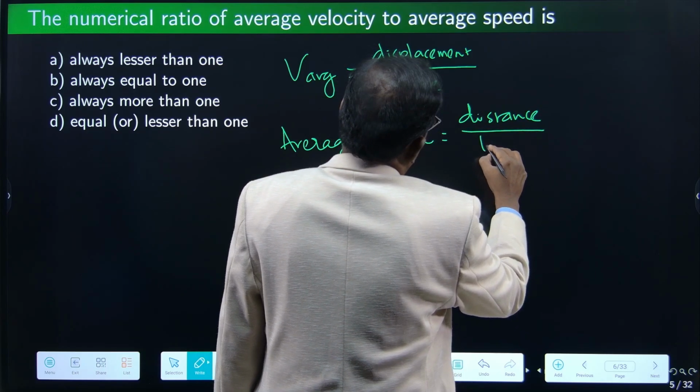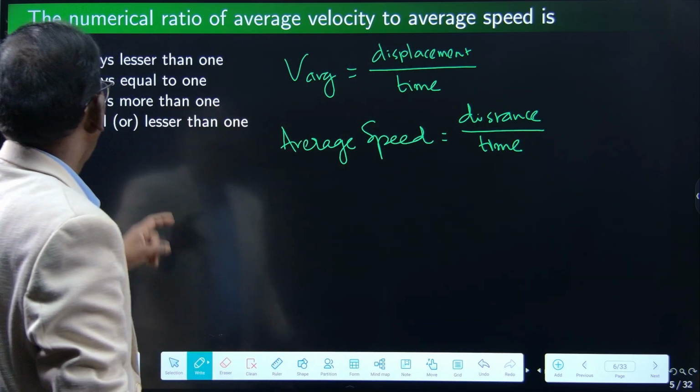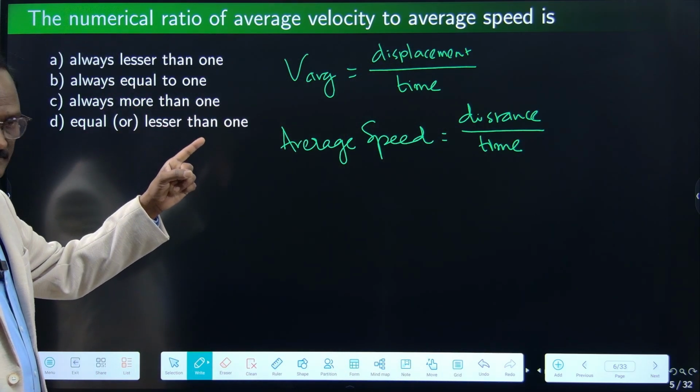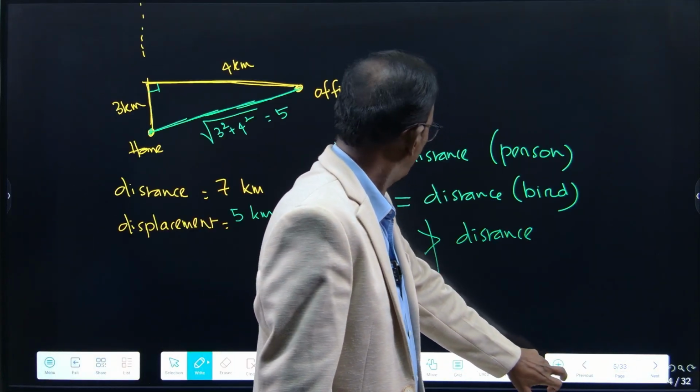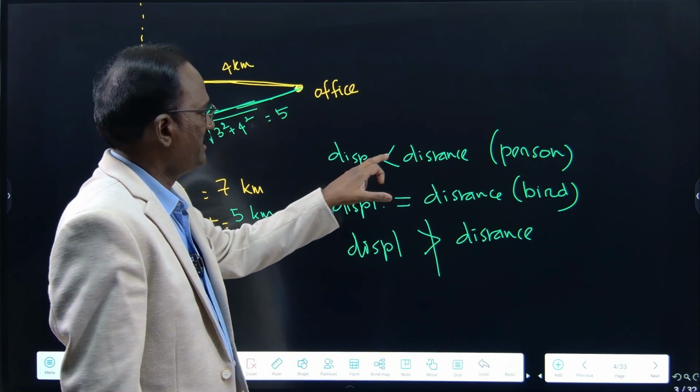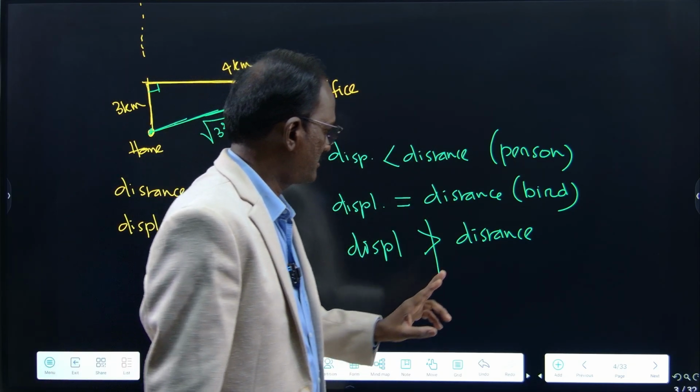This is total displacement. The ratio is always less than or equal to 1. What we have seen here: displacement is less than distance. Displacement can be equal to distance.